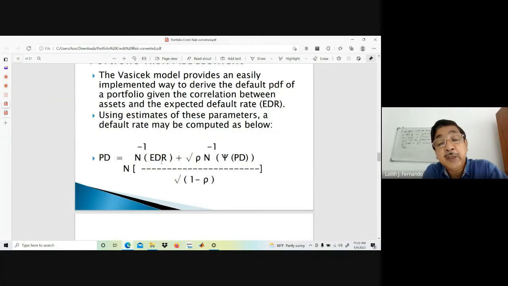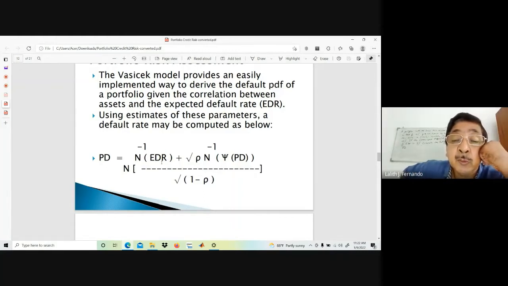What is theta PD? That is the cumulative probability function. What is the percentage there? 9%. So you can say n to the power minus 1, 0.09. So in the denominator you get 1 minus, what is rho?